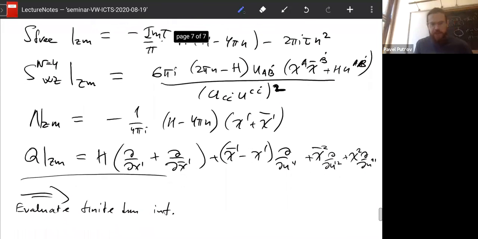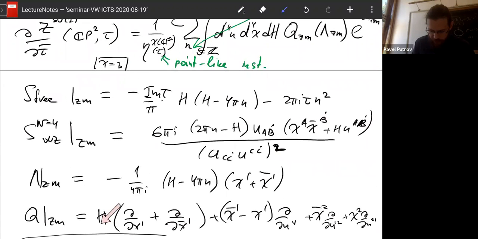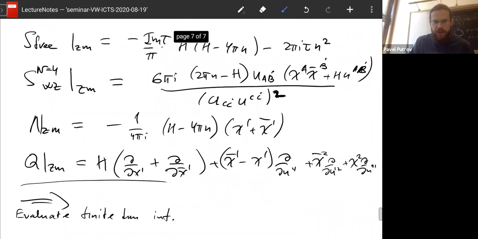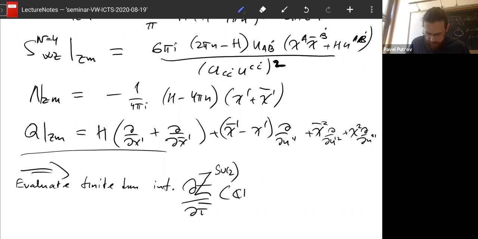And of course, we use the fact that Q is a derivative here, so we should integrate by parts again and reduce to integrating one dimension less, and this gives us finally the expression for the holomorphic anomaly.